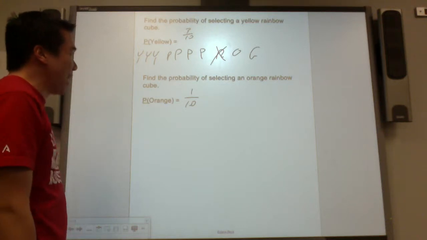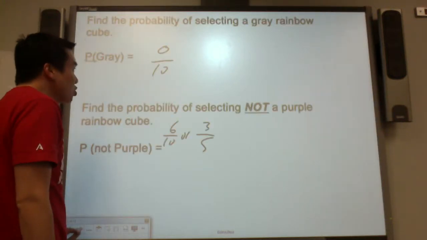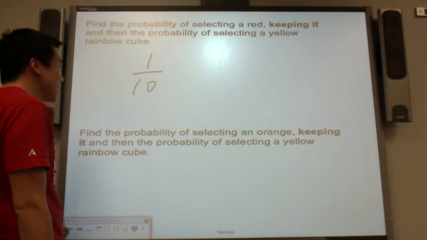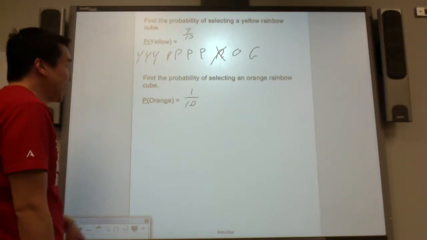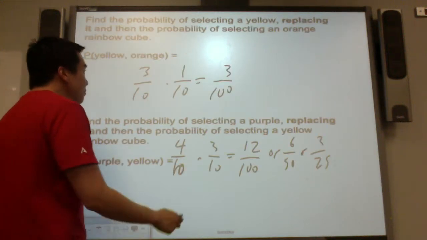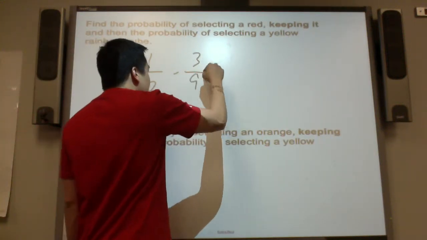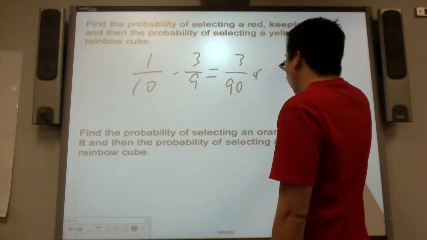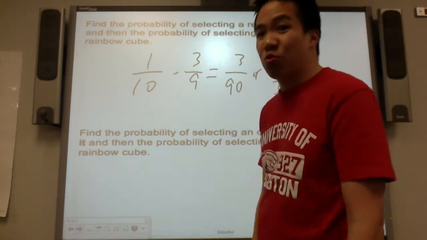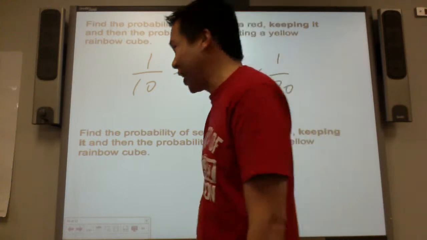How many cubes are in the bag now? Only 9 cubes. So what do I need to select now? I need to select a yellow. So out of the 9, there's 3 yellows out of 9. So what is the probability of this happening? 3/90 or 1 out of 30 chance. The odds are really low that's going to happen.